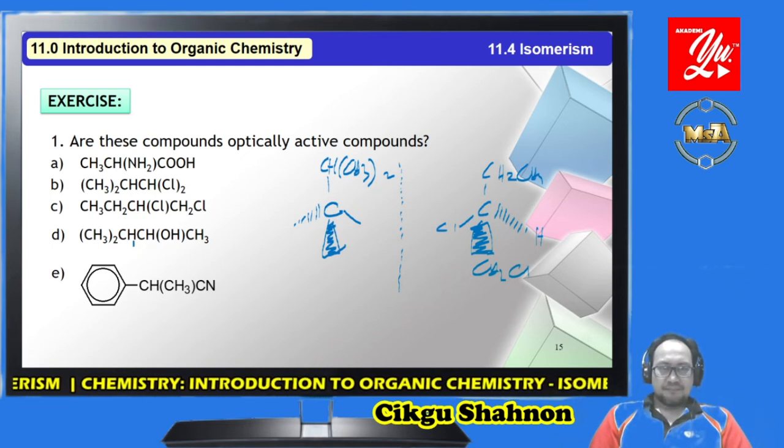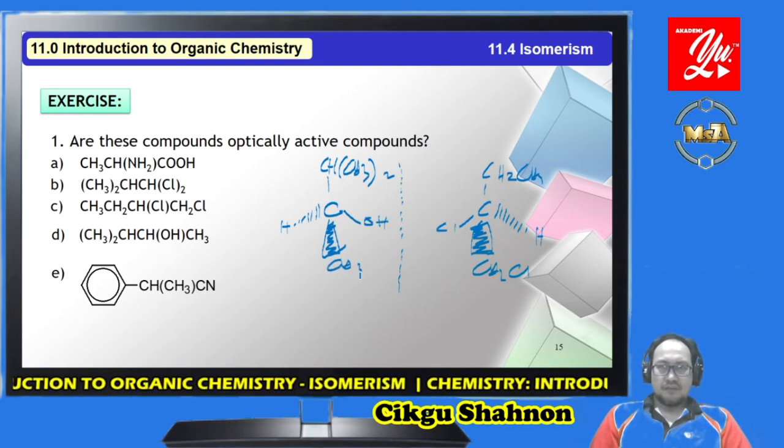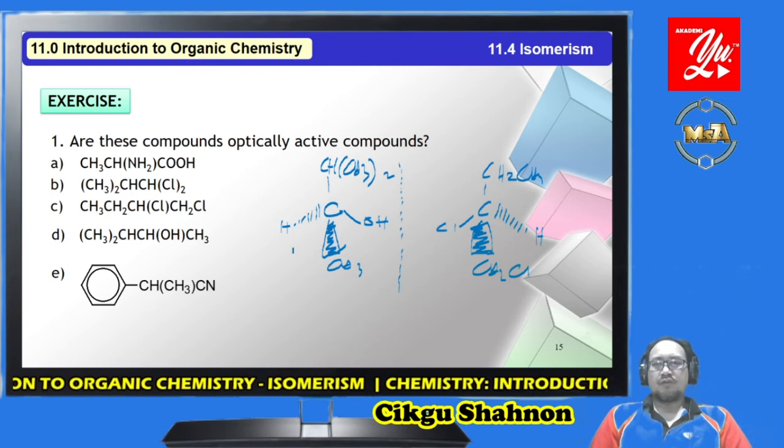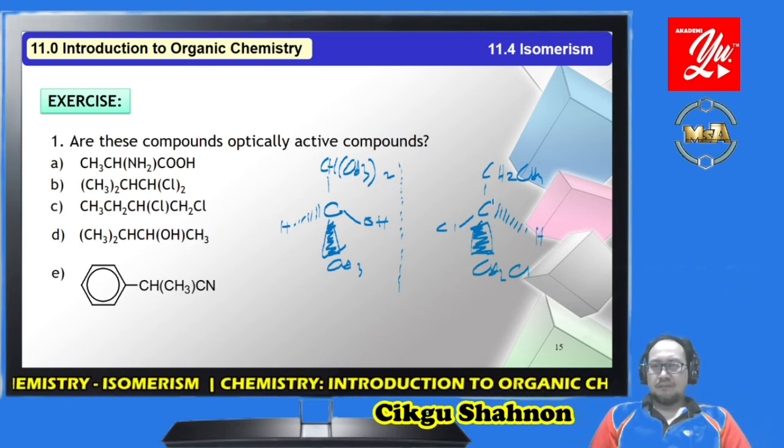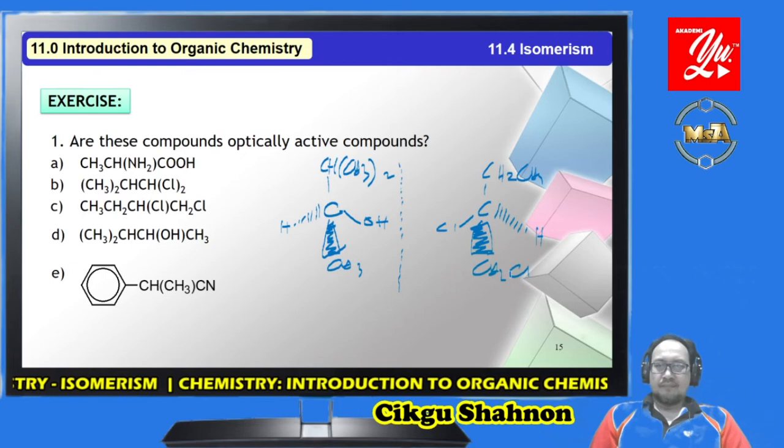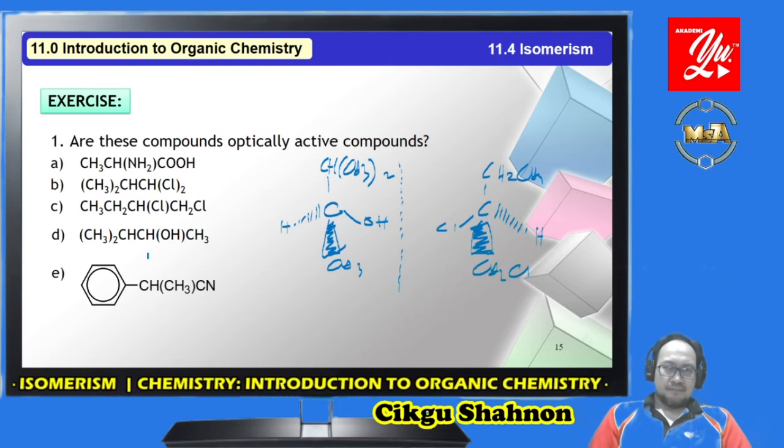And then I want to put H here, and then OH, and then CH3. Four different groups of atoms: OH, CH3, and CH3. So you can draw the enantiomers of this compound.